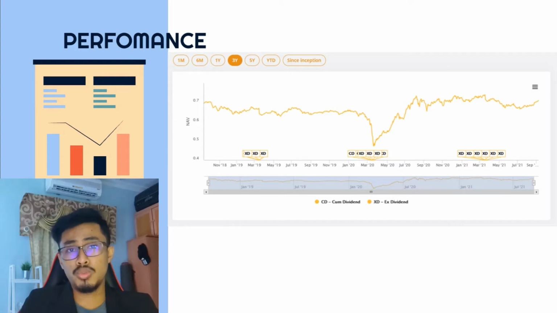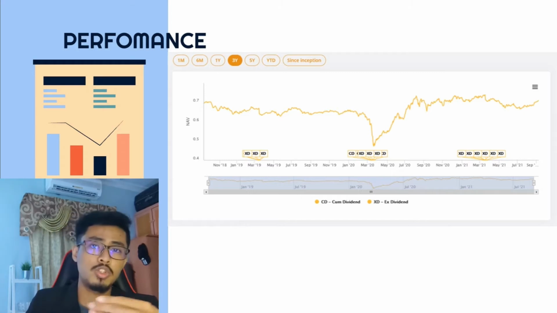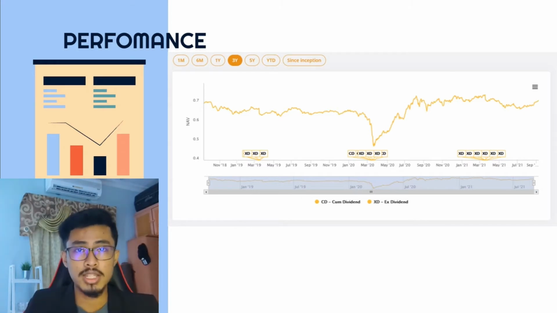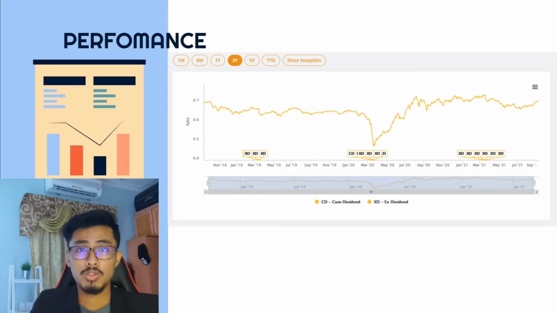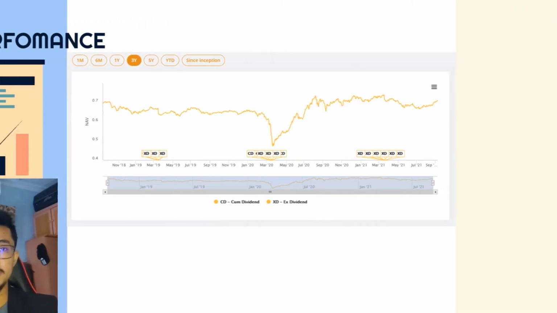Then it began to rise again as a result of government subsidies until August 5, 2020. During the pandemic, investment activity appeared to be more active and increased until it fluctuated again due to MCO. It will continue to fluctuate until September 8, 2021.